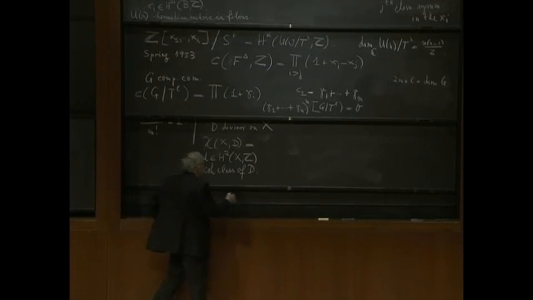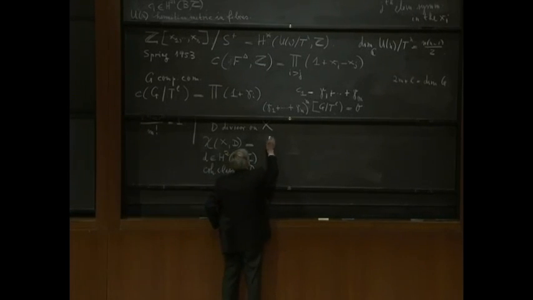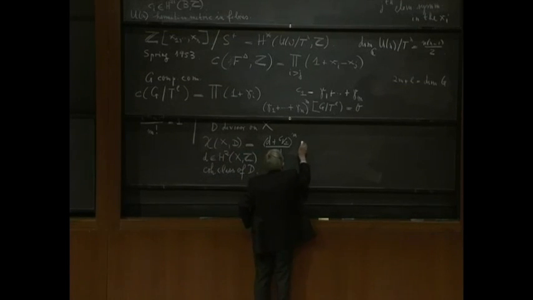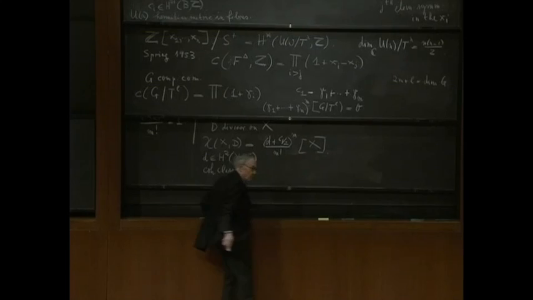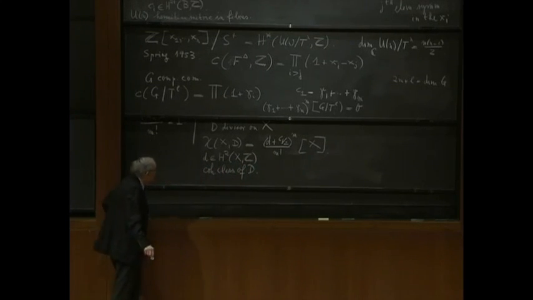Then the holomorphic Euler number is simply D plus half the first Chern class, to the power of the dimension of X, which I suppose is m, divided by m factorial, evaluated on X. That's the whole Riemann-Roch, as simple as this.